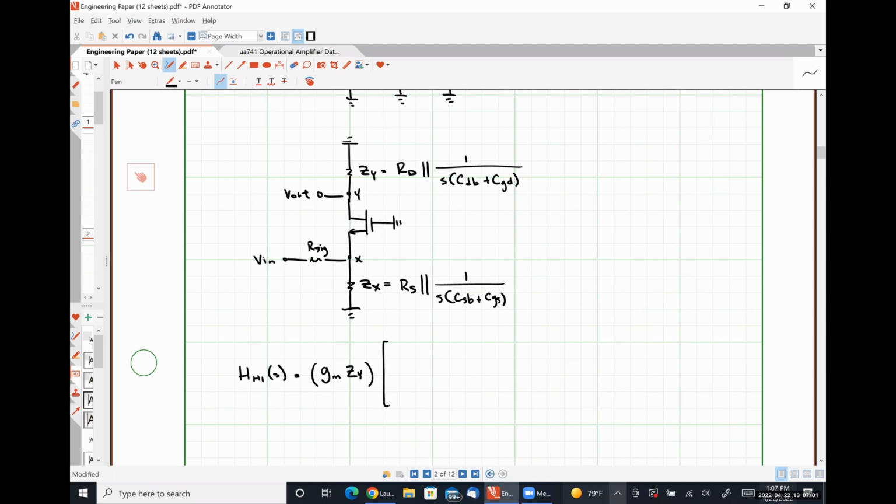So we are going to see Zx in parallel with 1 over Gm, divided by R sig plus Zx in parallel with 1 over Gm. This is our transfer function.